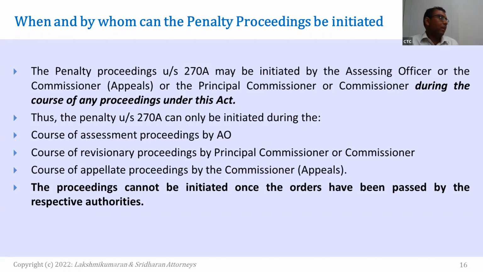And thereafter, separate penalty proceedings will start along with the appeal proceedings. Now, the doubt is, with 271(1)(c) being replaced by 270A, is it the case that in each and every assessment where there is an addition to the total income returned by the assessee, penalty proceedings are automatically deemed to be initiated? That is the question that I want to pose.